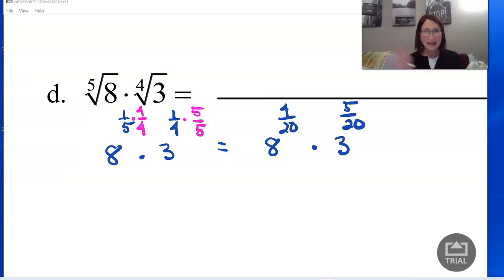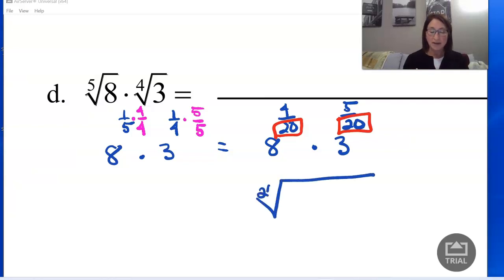I can't add those because my bases 8 and 3 are not the same. But now I know that my indexes are going to be the same. So I can create a radical, put that 20 in as my index.